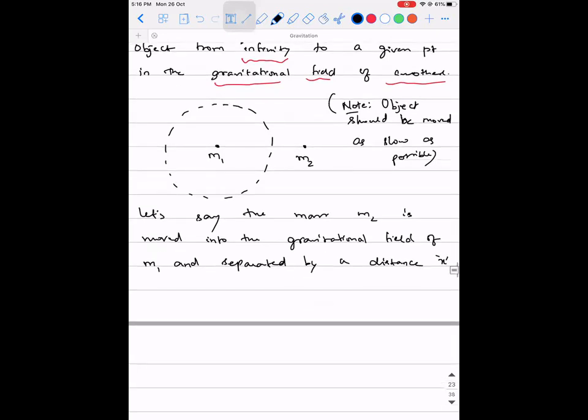So m1 is like this, m2 is here, and the distance of separation between them is x. I want you all to write it along with me. Is that clear?